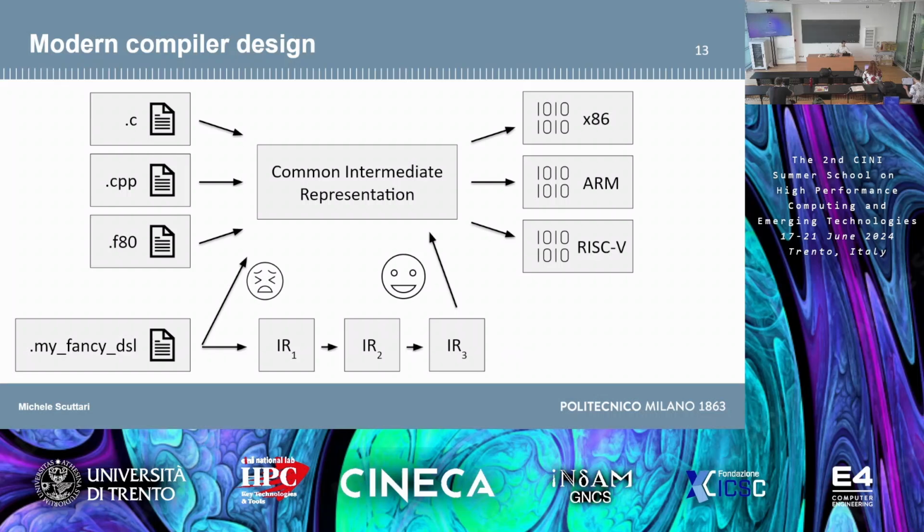So what you want possibly is that this IR1 is something that is very, very easy to match for your DSL specific semantics, so that it can match very easily the DSL. Then IR2 is a bit more, say, classical, and IR3 even more, until it gets easy to translate to the standard intermediate representation.